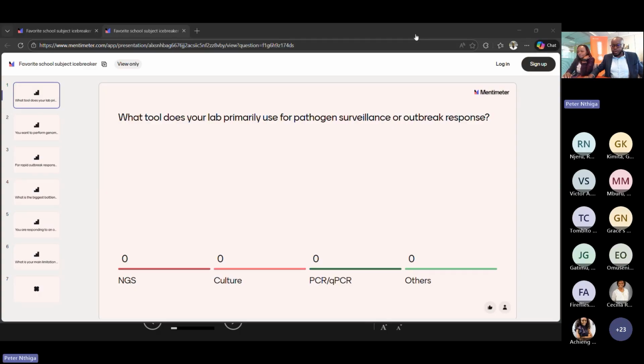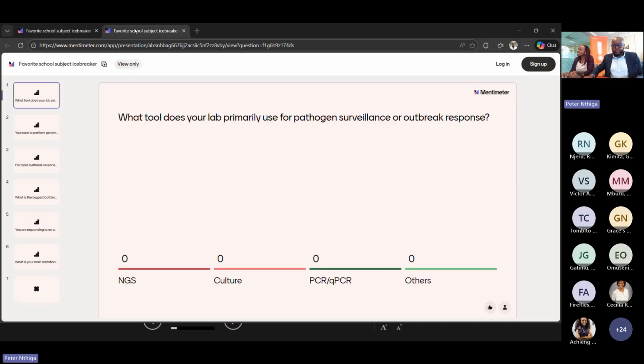I hope you're in time to scan the QR code. I'm getting a different question. Oh, okay. I can see in your chat that you're getting a different question in the QR. So maybe display again the QR code.